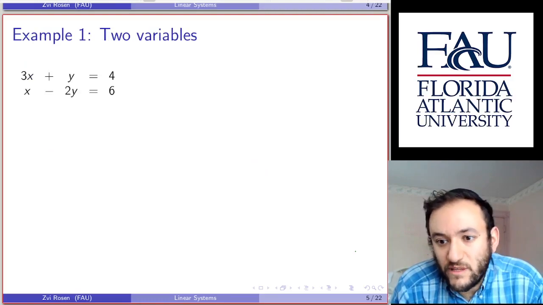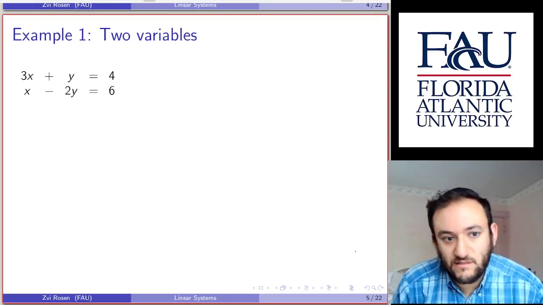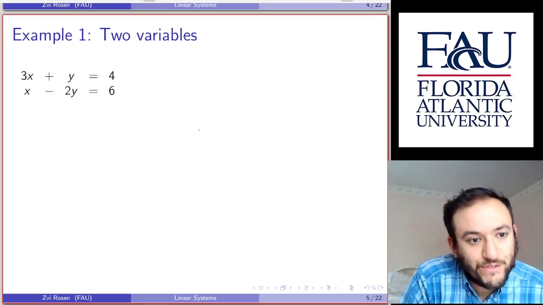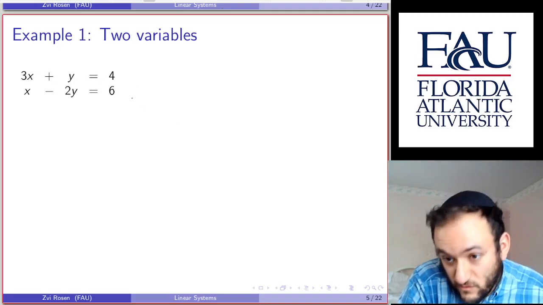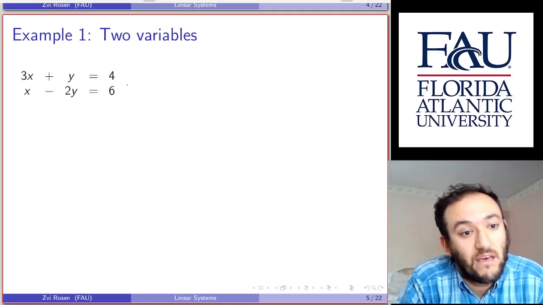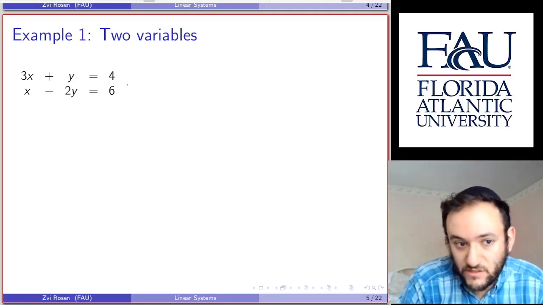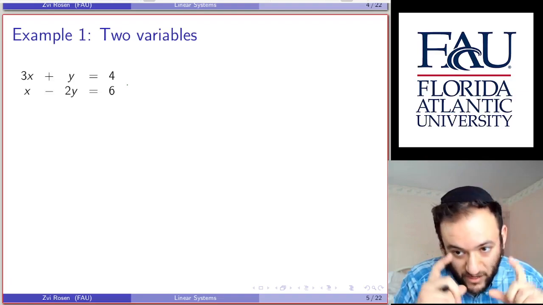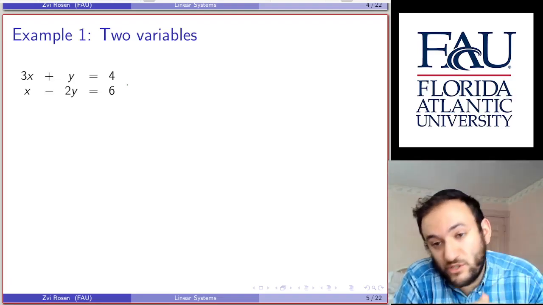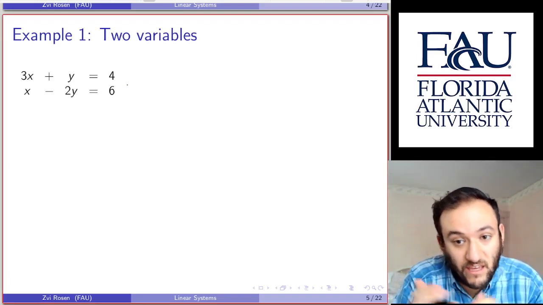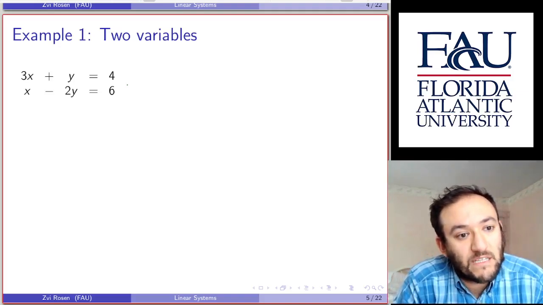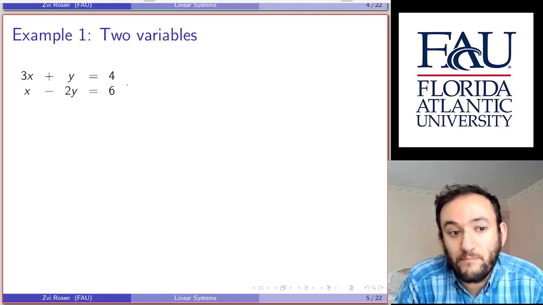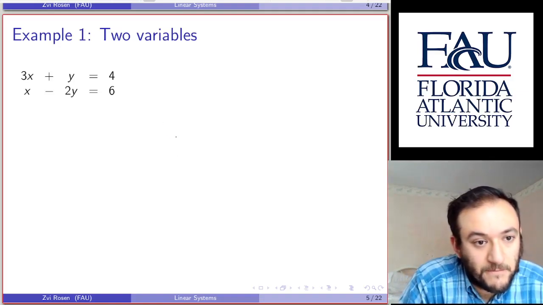So let's continue with these two variable examples, just to get some practice. How would I find the solution, or the full set of solutions, to this system of equations? I want pairs of values x, y, which I sometimes call points x, y, thinking about them in the real plane, that satisfy both of these equations.